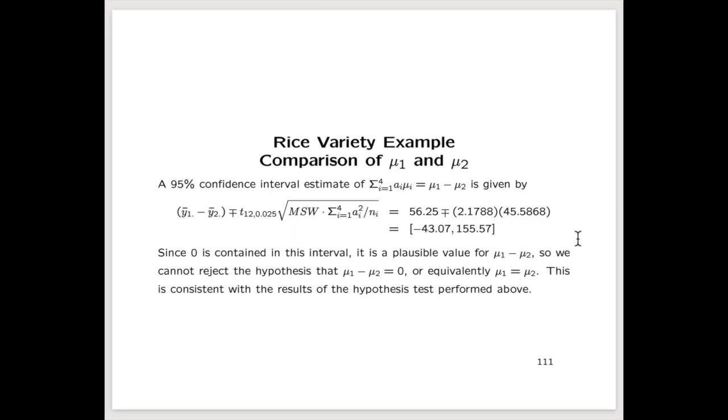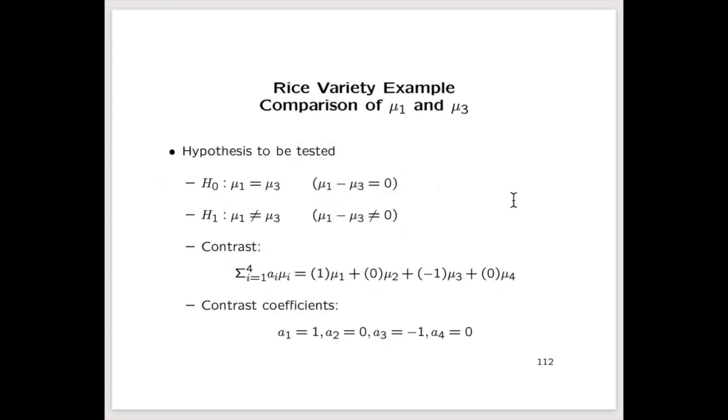So even if we had not done the hypothesis test on the previous two slides, this confidence interval alone tells us we could not reject the null hypothesis that the two population means are equal, because the 95% confidence interval includes 0.